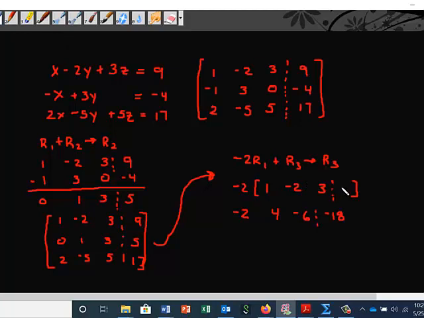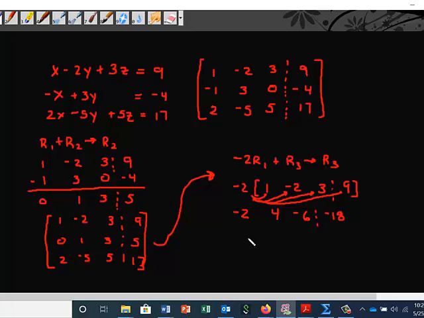So here, this is a 9. That's why when we distribute the -2 across these numbers, we get these numbers, -18. Okay, great.